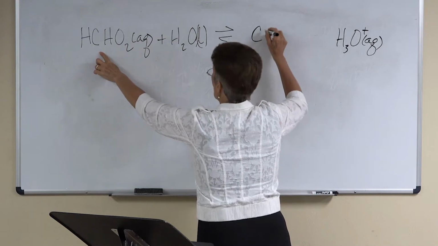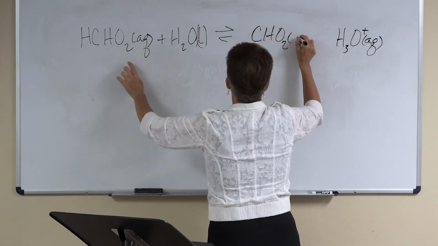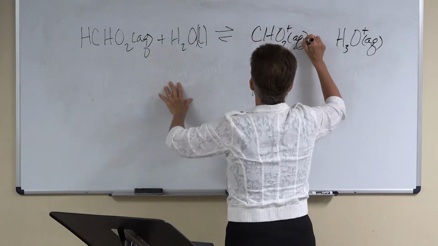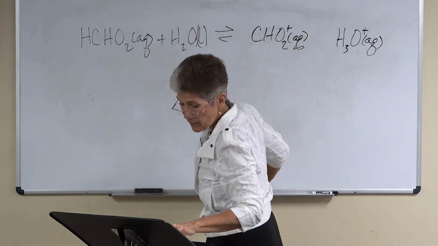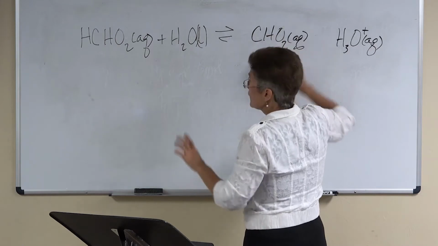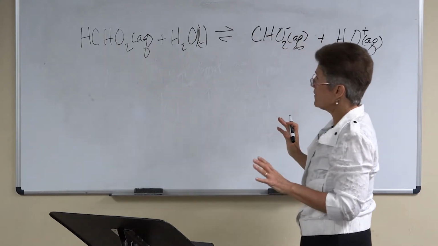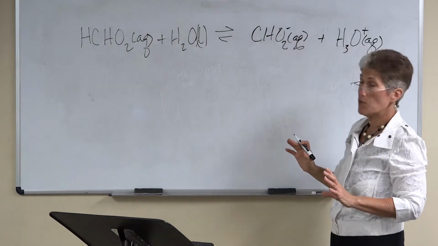And this will have lost a hydrogen. It's lost the proton, so it's going to be negative. There we go. So that's the basic reaction that you're supposed to have memorized.